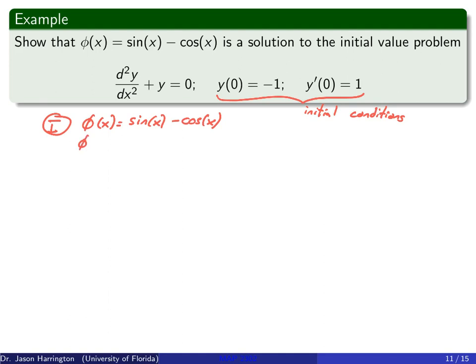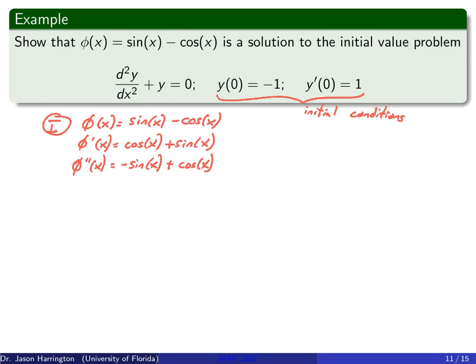I have the first derivative is going to be equal to cosine of x plus sine of x. And then the second derivative is going to equal negative sine of x plus cosine of x.